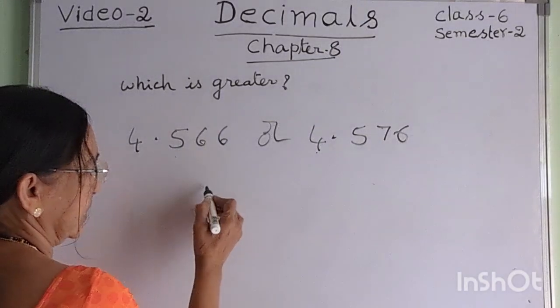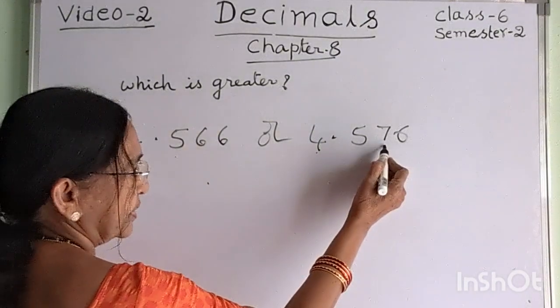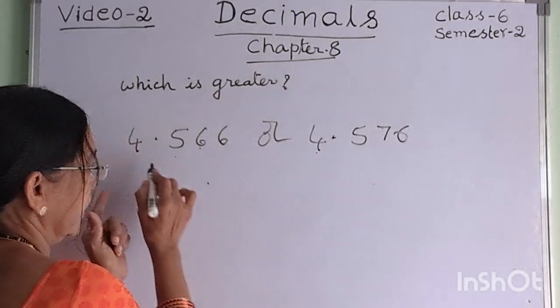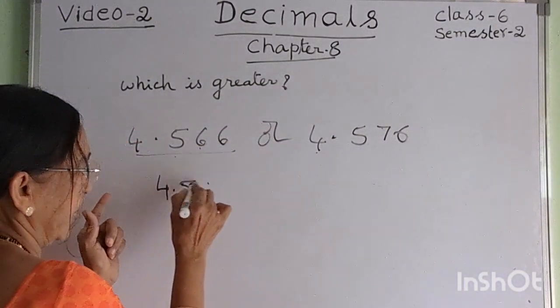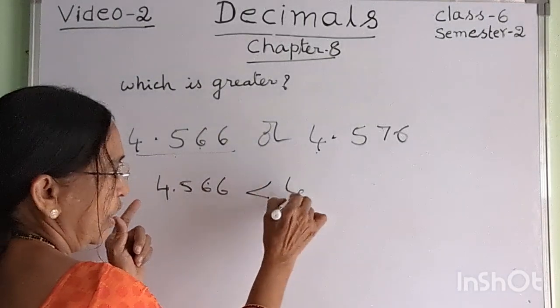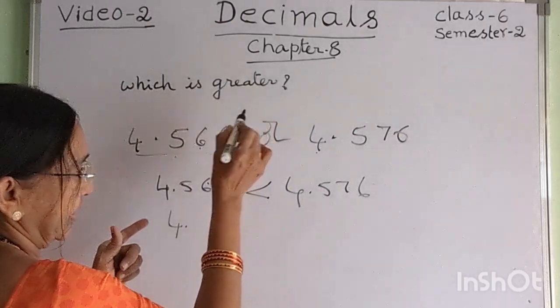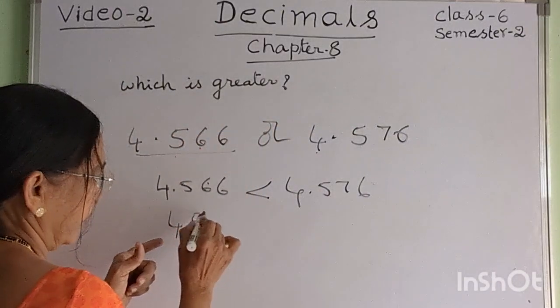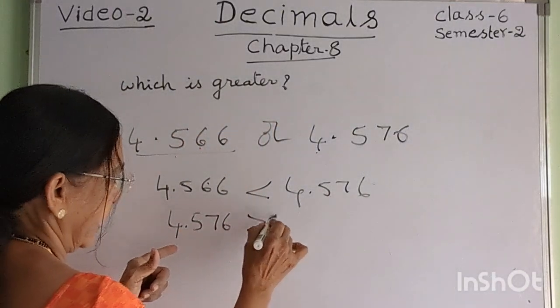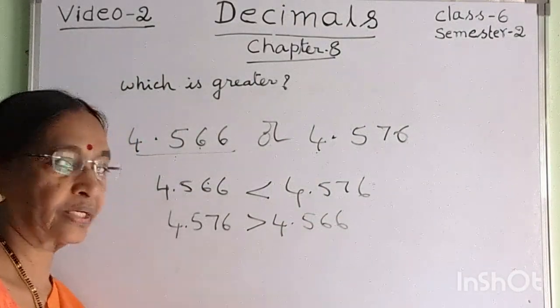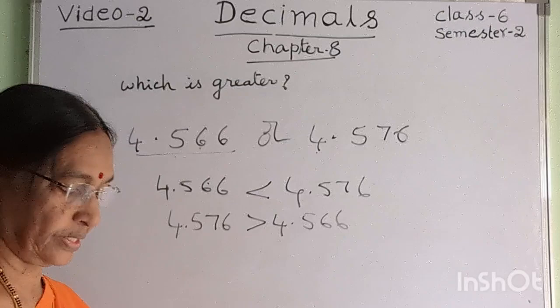In the hundredths place, here it is 6, and here it is 7. Therefore 6 is less than 7. Therefore 4.566 is less than 4.576. Or we can say 4.576 is greater than 4.566. Thus we can compare any two decimal numbers.